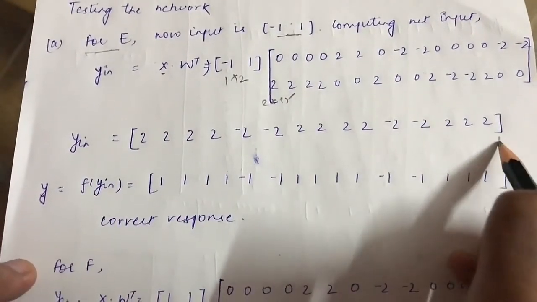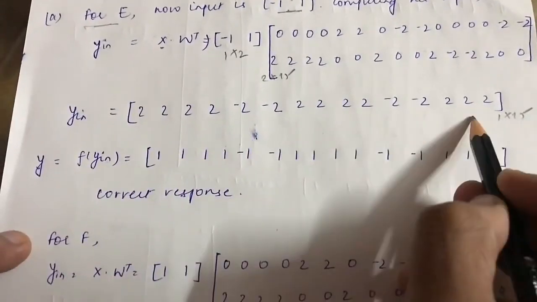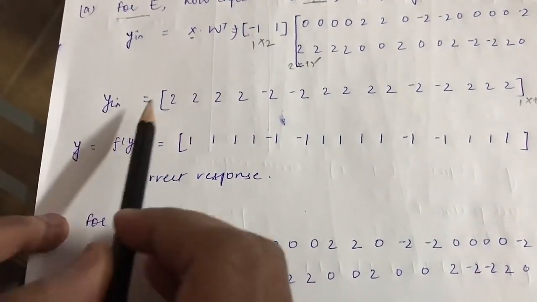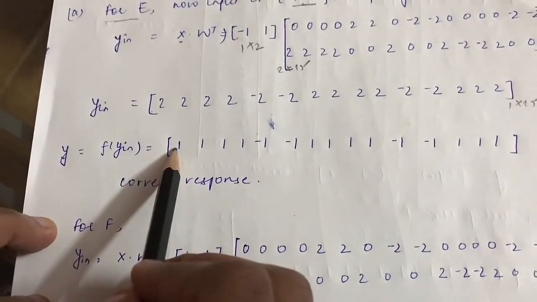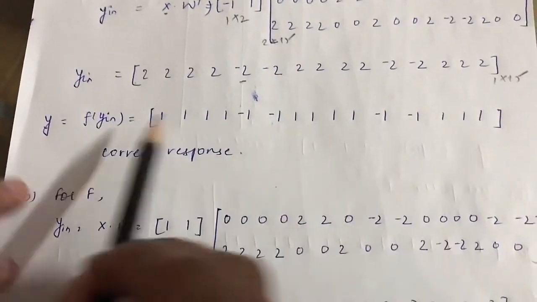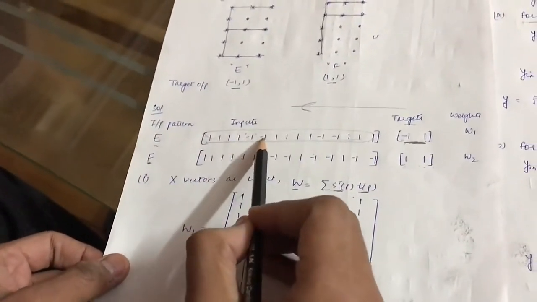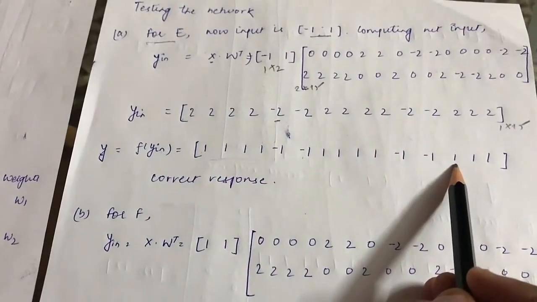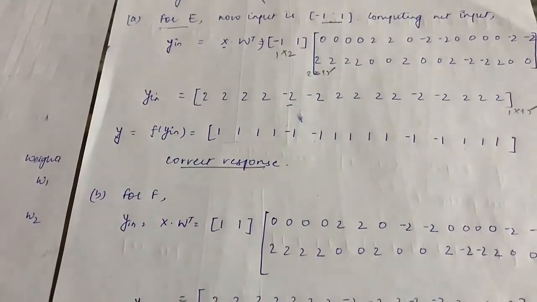So what you'll get is a 1 cross 15 matrix. So you'll get it like this. And after you apply the activation function, 2 will become 1 because this is greater than 0, and minus 2 will become minus 1, because this is less than 0. So now let us compare these two results. For E, it is 1 1 1 1 minus 1 minus 1. Similarly, you will find after comparing these two values that they are the same. So you will say the correct response has been obtained.